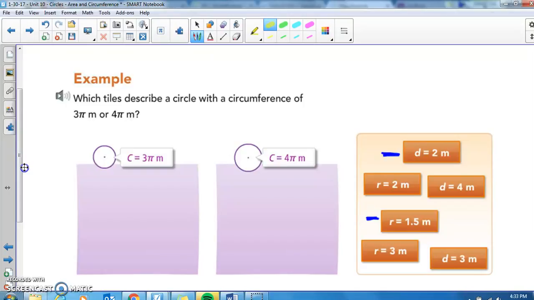So what I want to do is use the information there. Diameter equals 2 meters, and also the radius equals 1.5 meters. I'm going to do the first one for you. So we're going to find the circumference for this one, and we're going to find the circumference for that one. Okay?